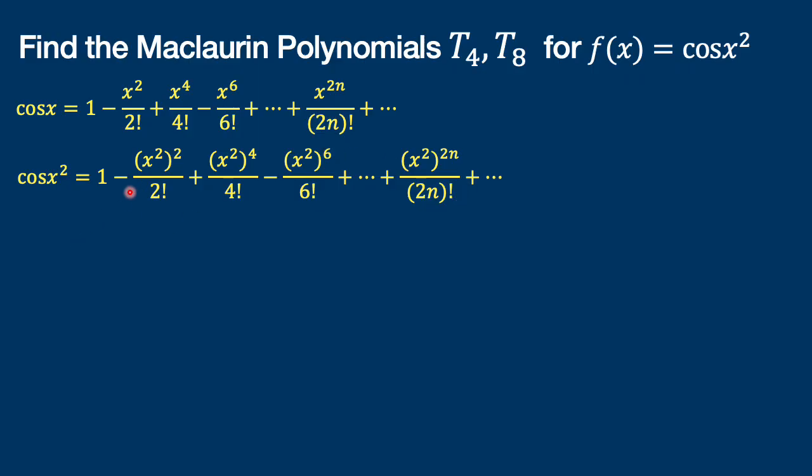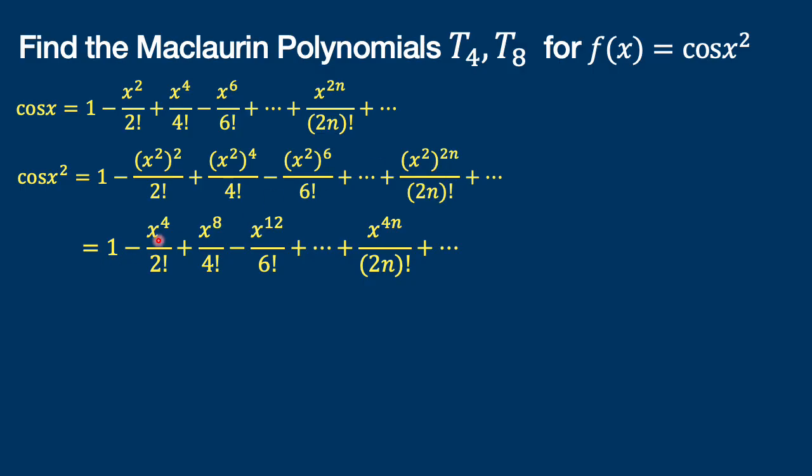Now, let's simplify. (x squared) squared is x to the 4th, (x squared) to the 4th is x to the 8th, 2 times 6 is 12, 2 times 2n is 4n. So we have 1 minus x to the 4th over 2 factorial plus x to the 8th over 4 factorial minus x to the 12th over 6 factorial.